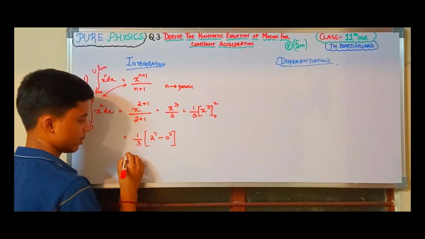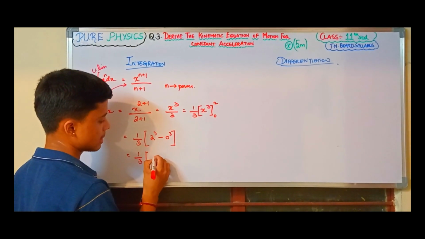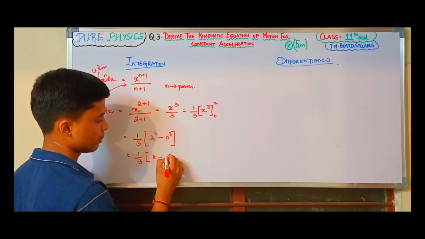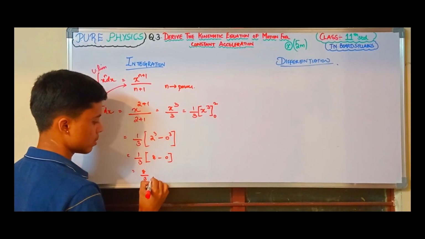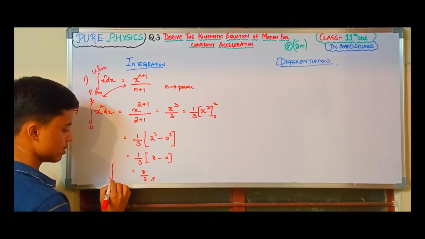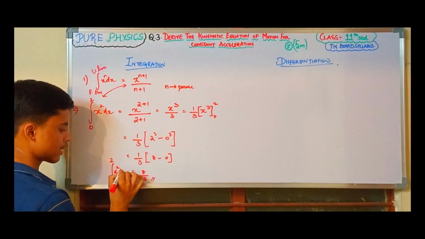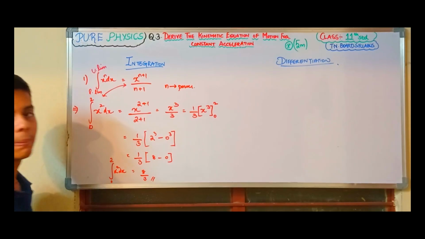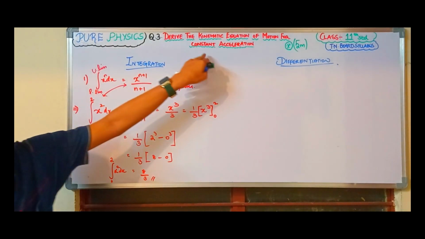After solving this, you get 1 by 3 into 2 cubed, which is 8, minus 0 cubed, which is 0. So you are left with 8 by 3. My answer for the integral from 0 to 2 of x power 2 dx is equal to 8 by 3. So this formula is important in this derivation.